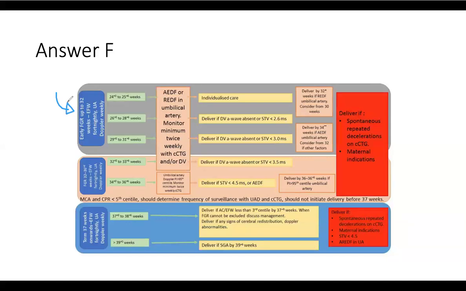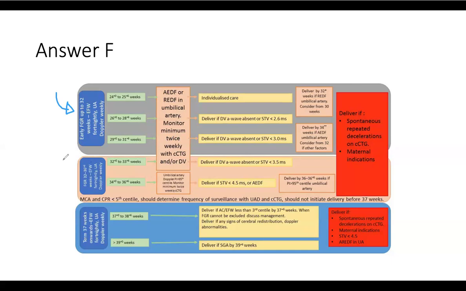What do we call this group, my friends? I will call it early FGR. Well done. And then they subdivide each group by gestational age for the timing of delivery only.